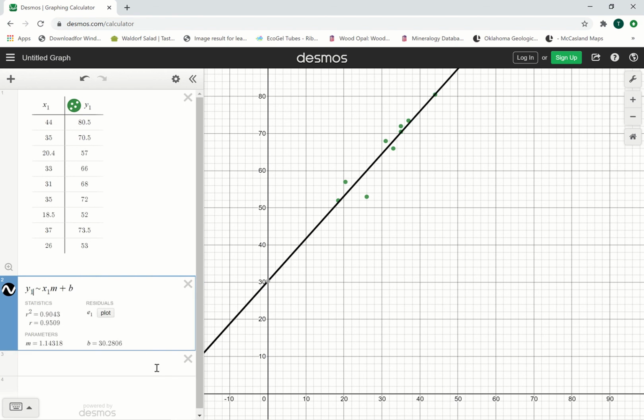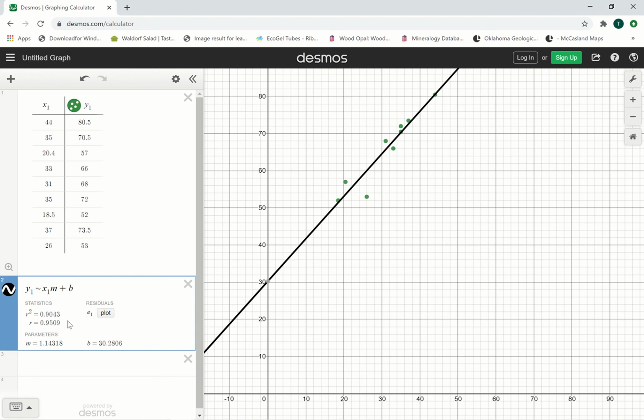There we go. So it's Y sub 1 tilde X sub 1 M plus B. Don't worry about residuals. Nobody cares. So if you wanted to give me the graph of this line, your M is right here, your slope. That's what you would substitute into M, and your B is what you would substitute into B. So this is the y-intercept, and this is the slope.